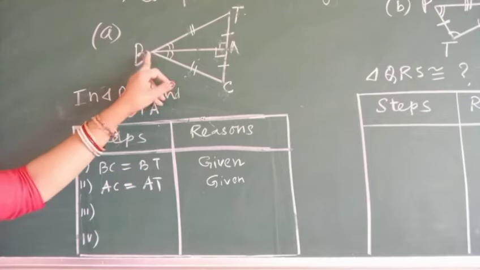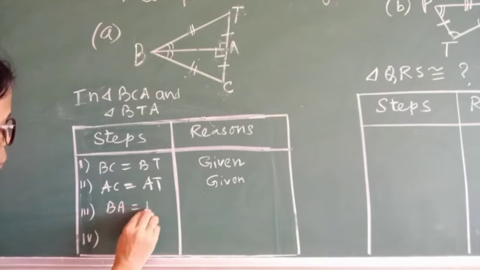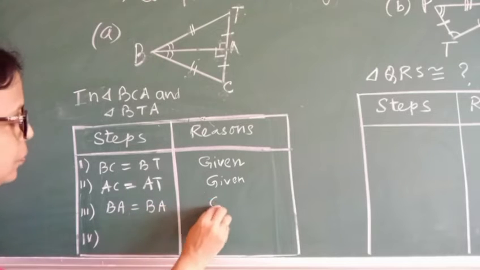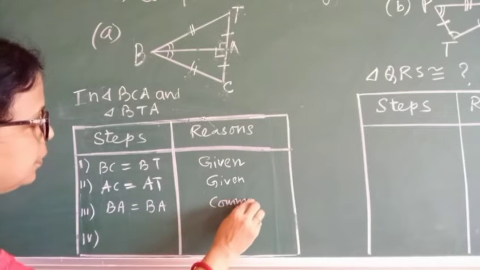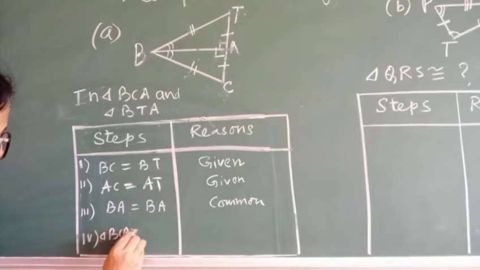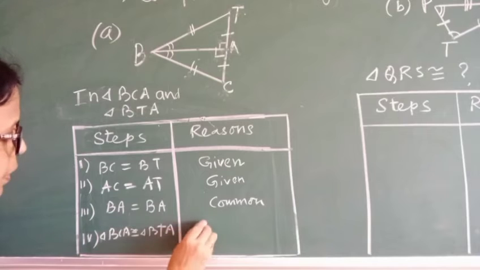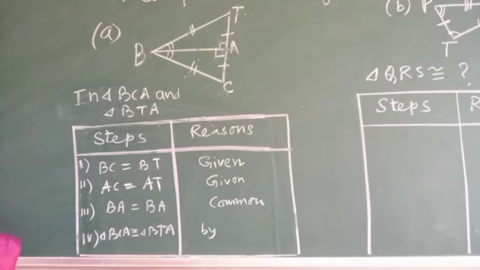Now side BA is equal to BA, common in both the triangles. Therefore you can say that triangle BCA is congruent to triangle BTA. By which criterion have we used here?